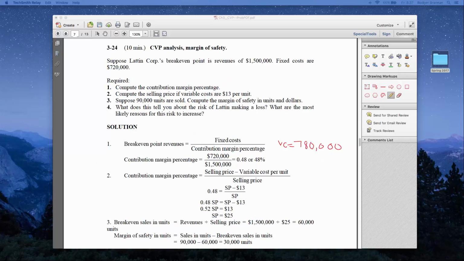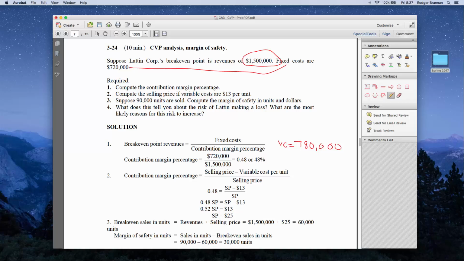All right, let's talk a little bit about margin of safety, which is basically just the difference between where your sales are, or what you anticipate them to be, versus the break-even point. Now, in this case, they make the problem a little bit more difficult than they need to. But part of it is understanding the issue of identity. Remember that at the break-even point, total revenues minus total cost equals 0. So we know the total revenues are $1,500.